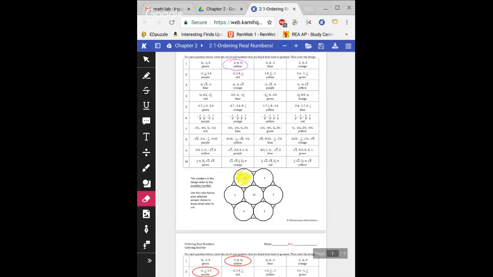Anybody tell me? What form do they need to be in order for us to realize what is biggest? Decimal form? Yes, perfect. Good job.